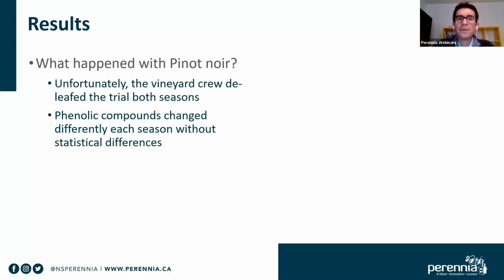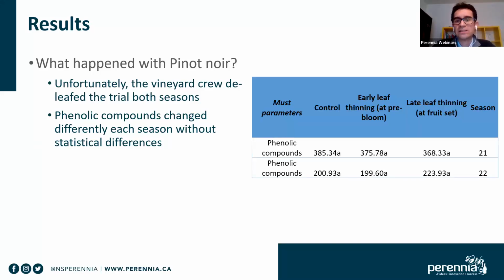So what happened with Pinot Noir? Well, unfortunately, the vineyard crew deleafed the trial in both seasons, so we weren't able to see the results. Even so, phenolic compounds changed differently each season without statistical differences. As you can see, in 2021 the values are quite similar, and even the control was slightly higher.